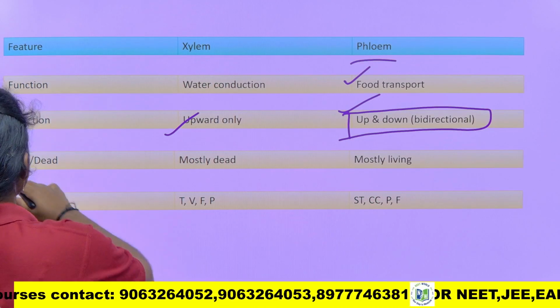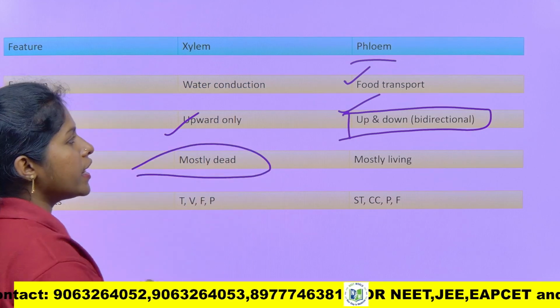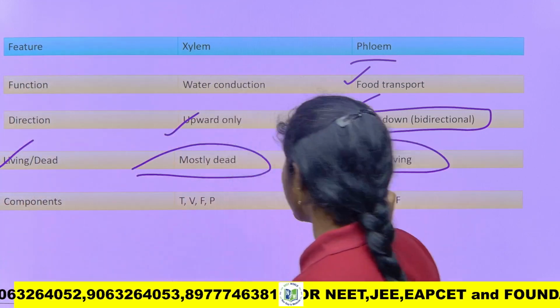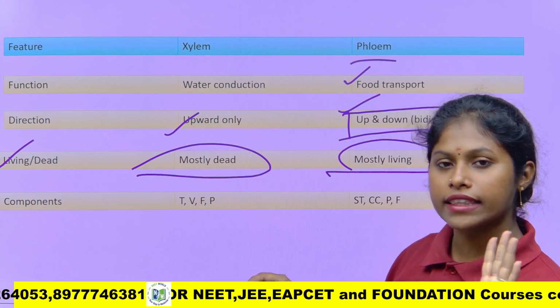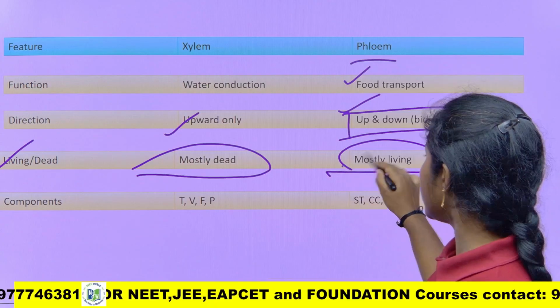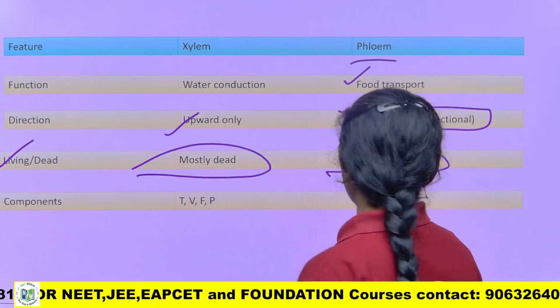Right, children, coming to living and dead: xylem is mostly dead, and phloem is mostly living tissue, right. There are mainly 4 components, of which 3 are living, that is why they are mostly living. What are they, children?